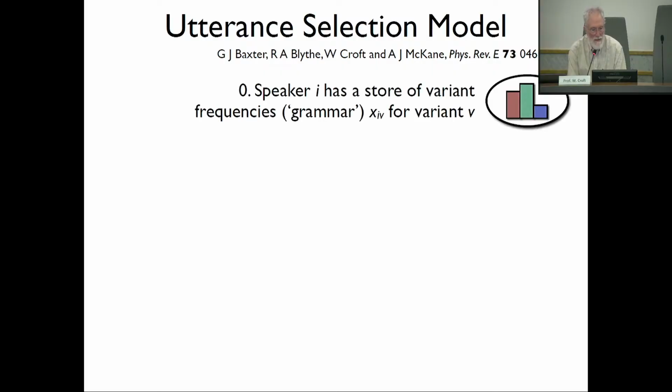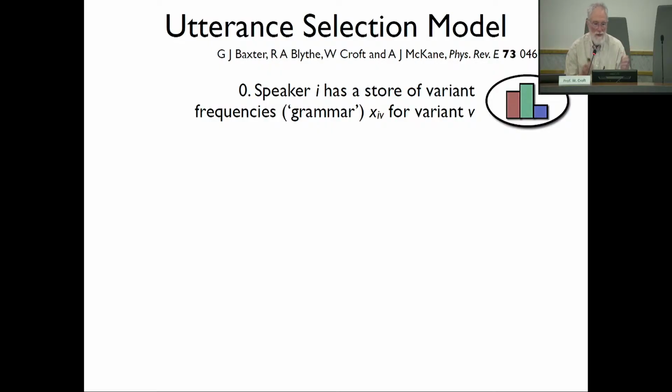Okay, so we call this the utterance selection model. That's because I called it the theory of utterance selection in the 2000 book. It was first published in a physics journal back in 2006, after we'd worked out the details and got some initial results. In this model, a speaker has a store of variant frequencies.